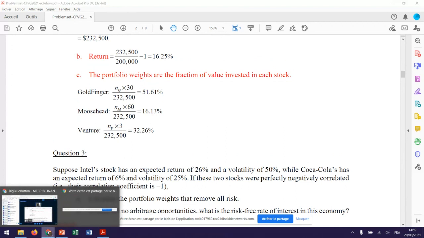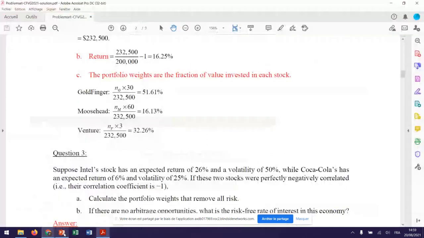So what we can write: Intel has an expected return of 26%. So I write the expected return E[RI] equal to 26% and SD(RI) is equal to 50%.